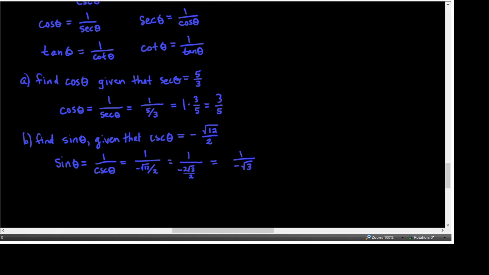So I guess if I'd been smart, I would have seen that sooner and simplified this before getting into the identity, so I wouldn't have had such a messy looking first couple of steps. Oh well, hindsight's 20/20. Anyway, this is negative square root of 3 over 3, which is what you should have simplified that to be.